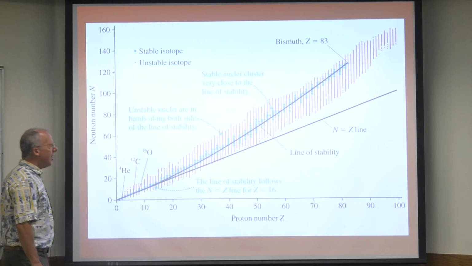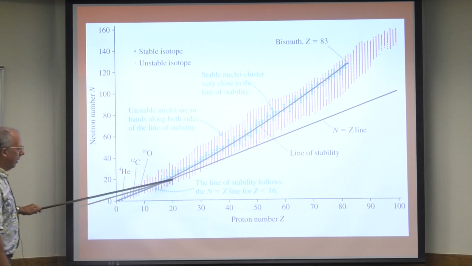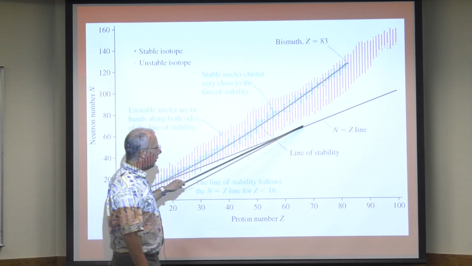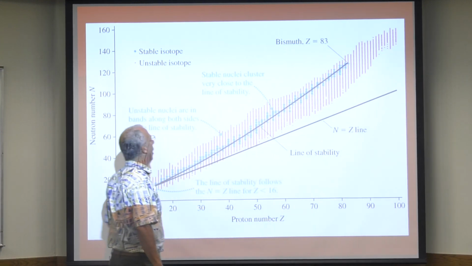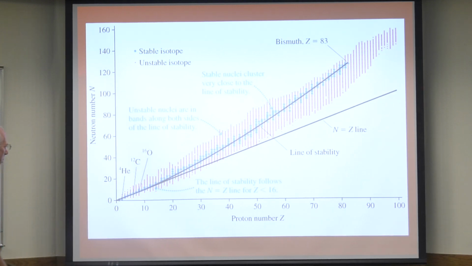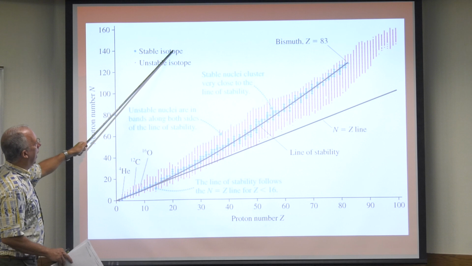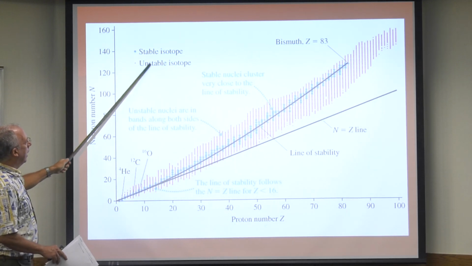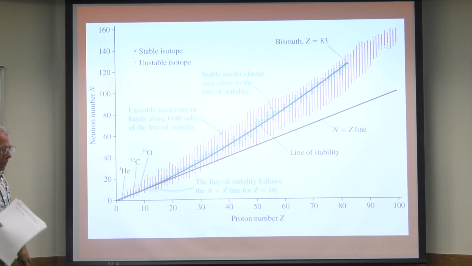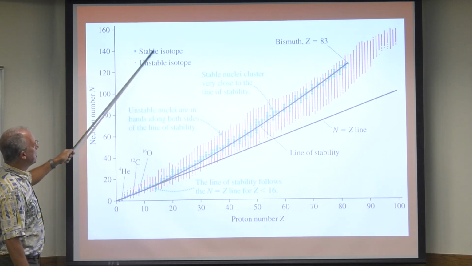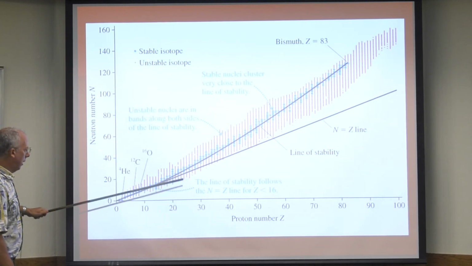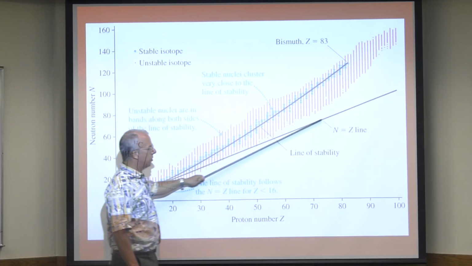However, what do you notice? Do you see a whole lot of elements that follow the N equals Z line? No, not at all. The blue are stable isotopes, and red are unstable, so they're radioactive, which we'll talk about later. Where do most of the stable isotopes fall? Certainly not along the N equals Z line.